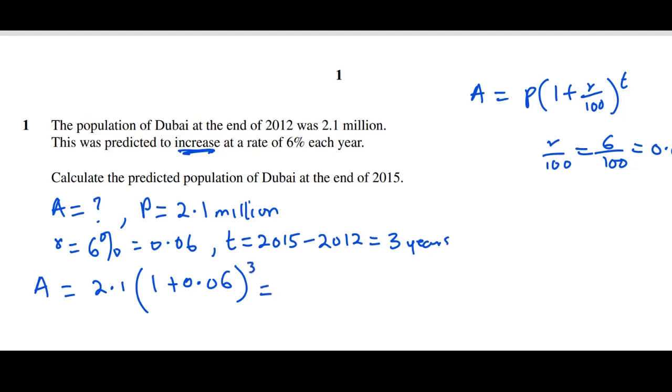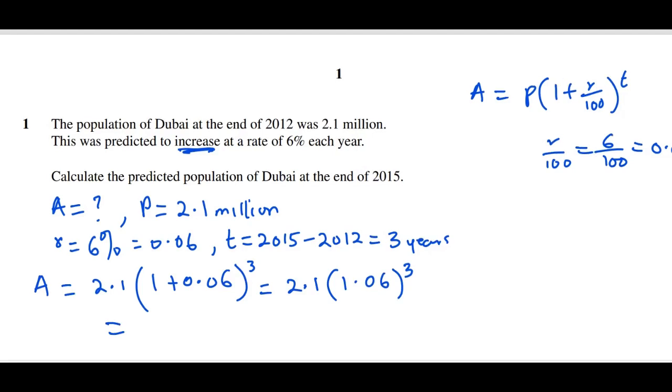So that gives us 2.1 into 1.06 raised to power 3. So this gives us 2.5011 as a number.